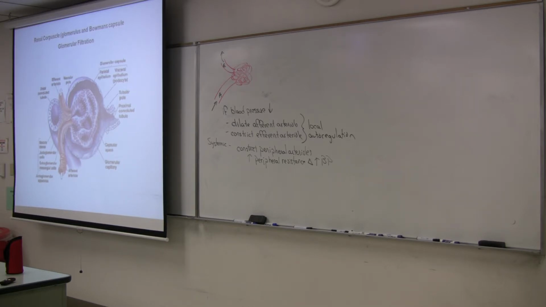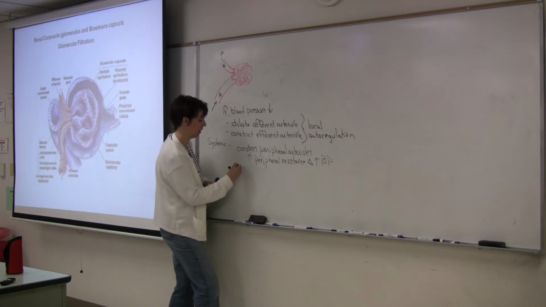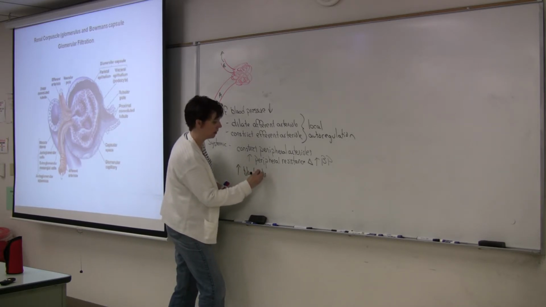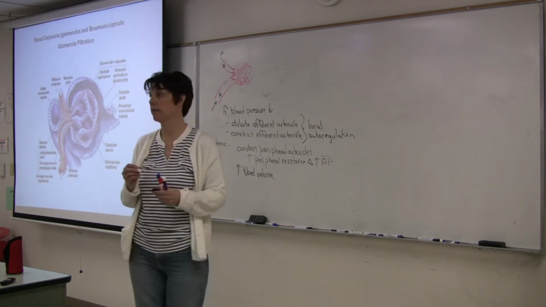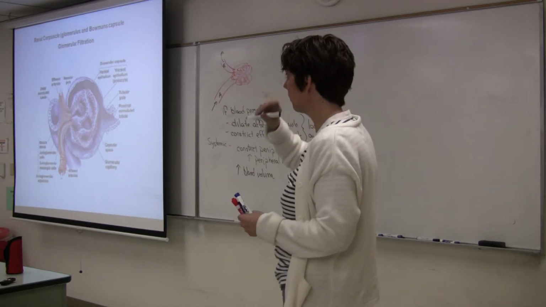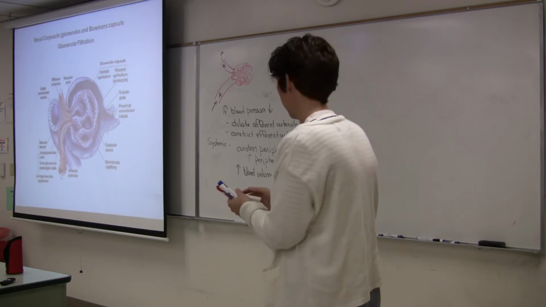Increase overall blood volume. So one of the ways in which we can do this systemic aspect is to increase overall blood volume. With that in mind, we can look at how the juxtaglomerular apparatus actually works.